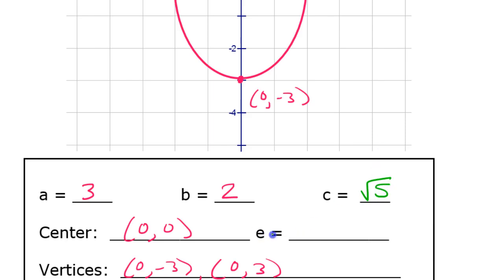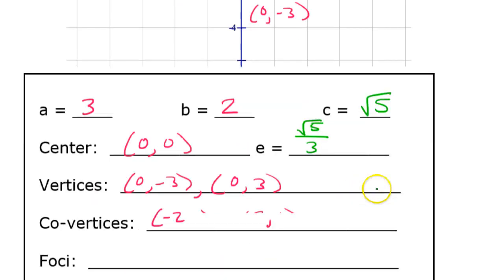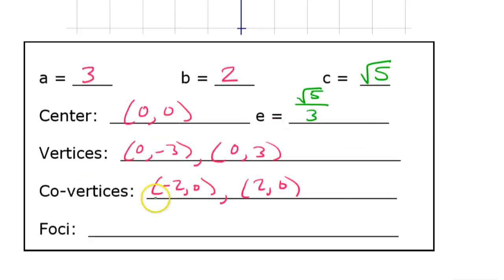Okay, while we're at it, let's go ahead and do the E value. The eccentricity is the C value over the A value. So that's going to be the square root of 5 over 3. There's my eccentricity.